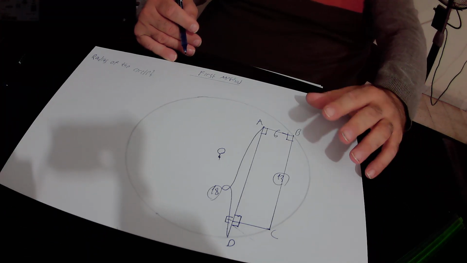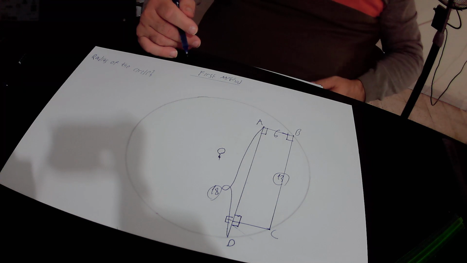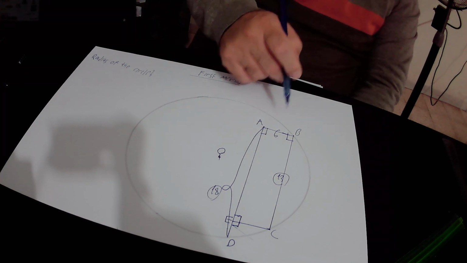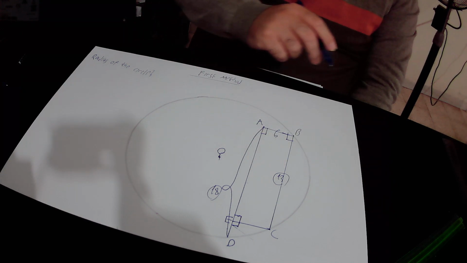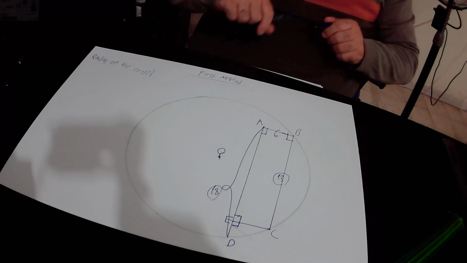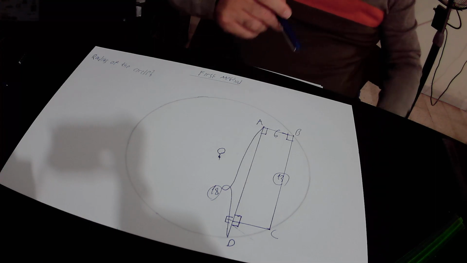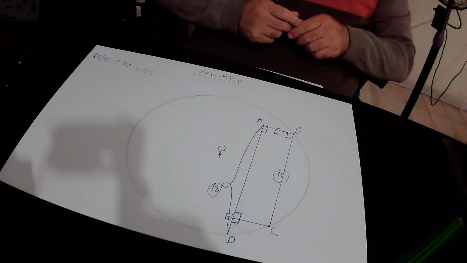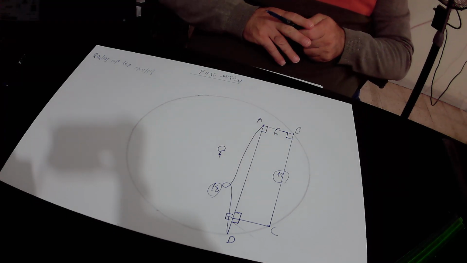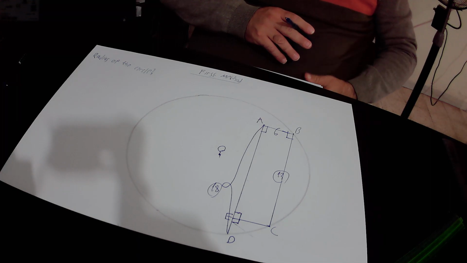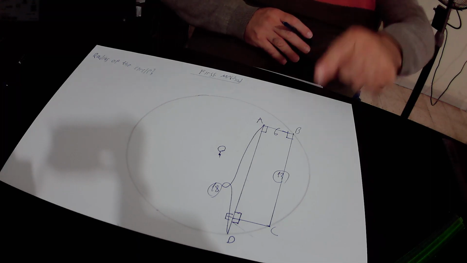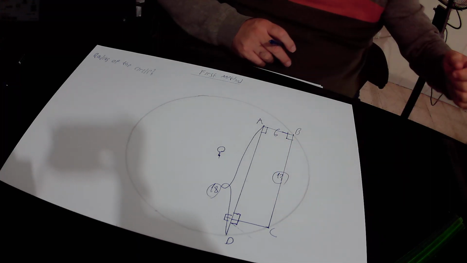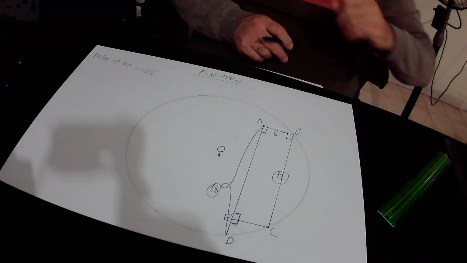By doing this construction, we created quadrilateral ABED. Inside quadrilateral ABED, we have 1, 2, 3 right angles. The sum of 3 right angles is 90 times 3, 270 degrees, plus this fourth angle. In total, they must be equal to 360 degrees.